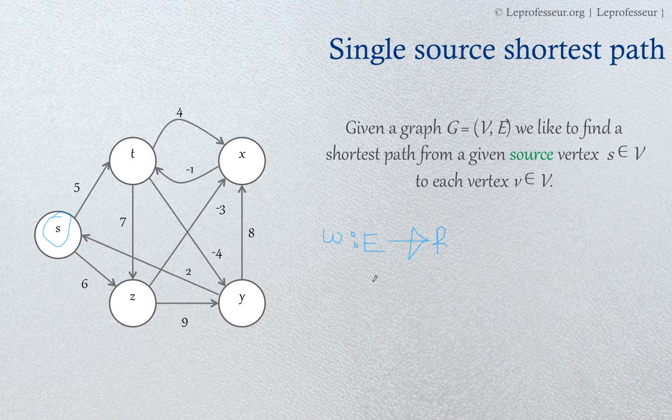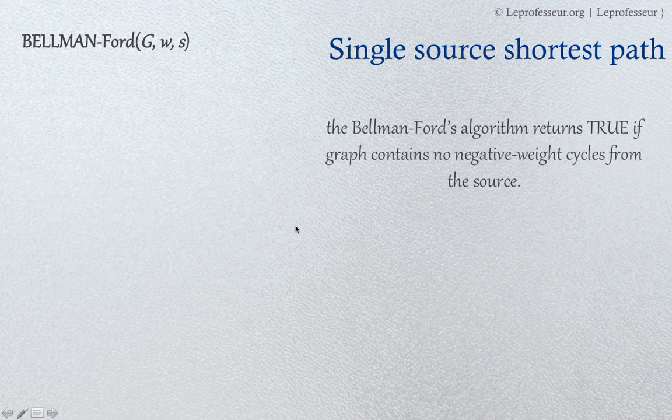So essentially what we want to know is, from the source vertex, a shortest path to each of the vertices in the graph. So let's see how we can apply Bellman-Ford's algorithm.